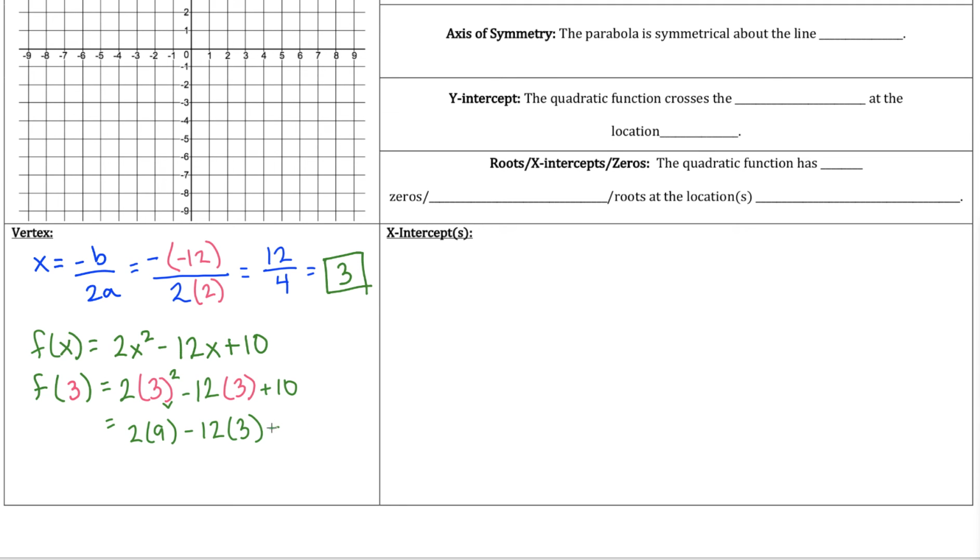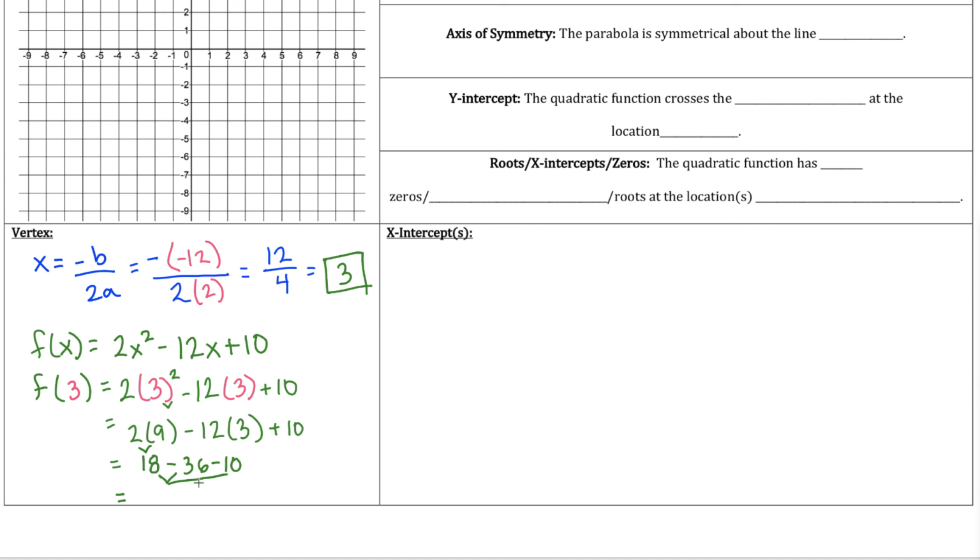Now I'm just going to do my multiplication all at once. 2 times 9 is 18. Negative times a positive is negative 36, plus 10. So 18 minus 36 is negative 18.